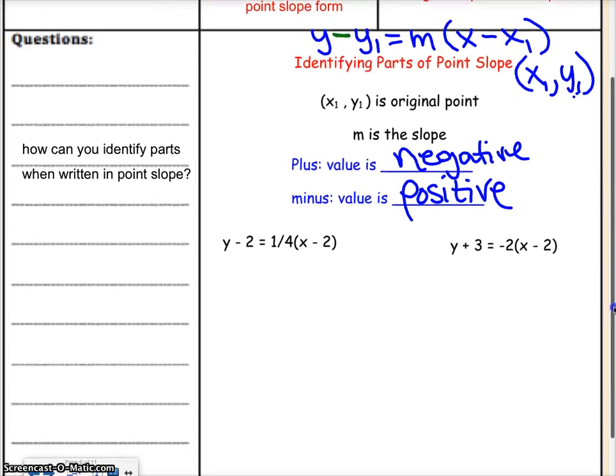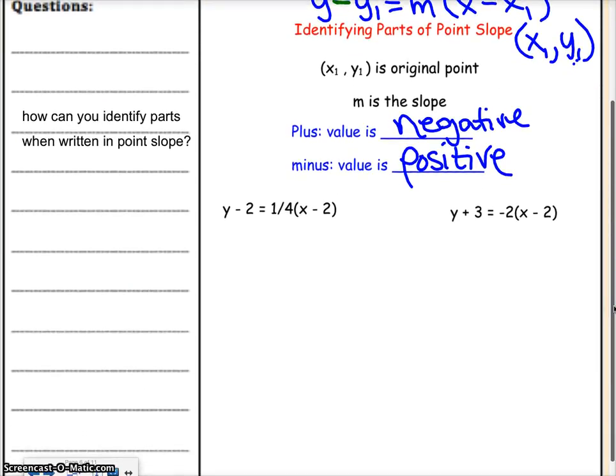So with these two very short problems, all I want you to do is be able to work backwards. Given the equation, now I want you to find the point and the slope. So this is my y. This is my x. Do you agree with that? y minus the y I'm given is equal to my slope times x minus the x I'm given.